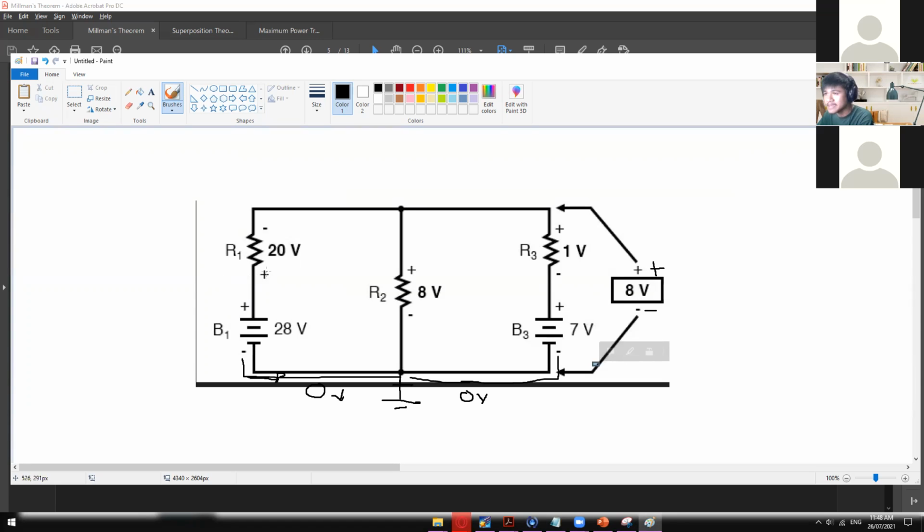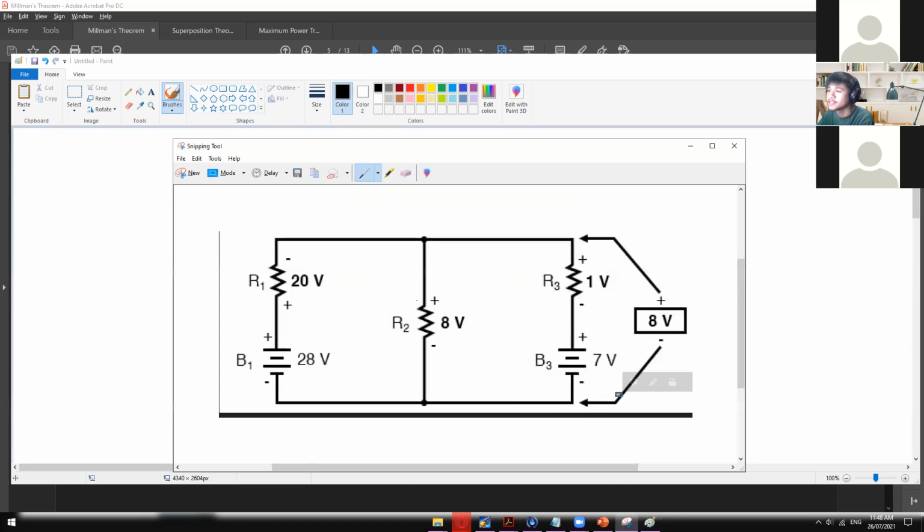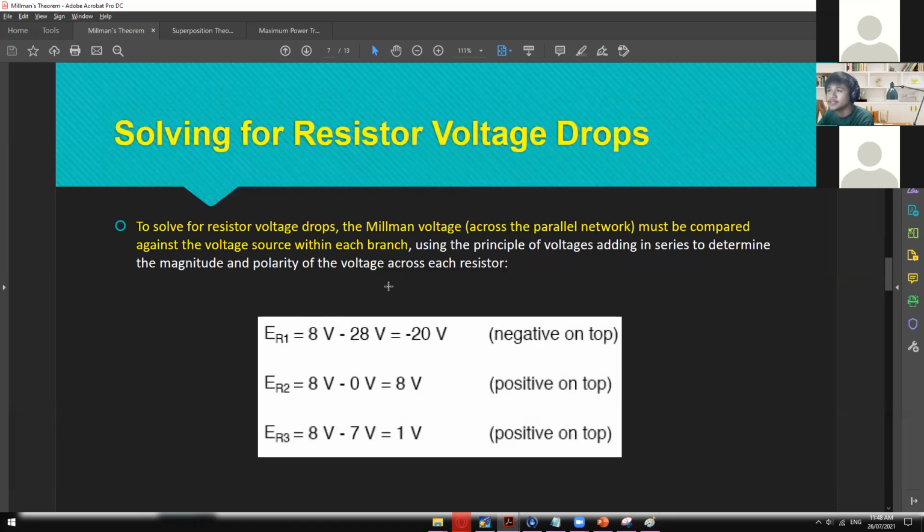All right. And then, how did we get those values? 20 volts right here, 8 volts right here, and then 1 volt right here. So dito yung computation, solving for resistor voltage drops. In here, we just have a pattern: if you take a look at this one, the one that we have solved for is the voltage across our entire circuit, or all of our branches.